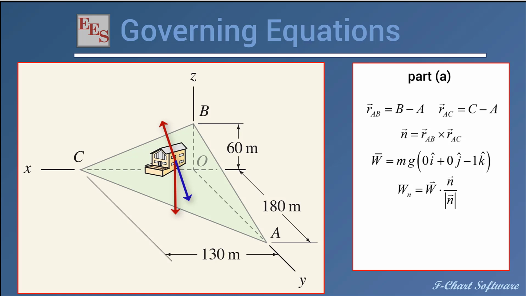And then because Wn, Wt, and W make up a right triangle, you know that Wt is just the square root of the magnitude of the weight squared minus the magnitude Wn squared, as I've done here. So those are the equations. I guess there are 6 equations. They're sequential, right? So we're not going to need to use EES's iterative solving capability. We just need to go ahead and enter those into EES.